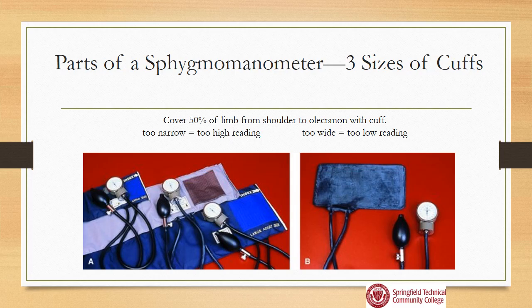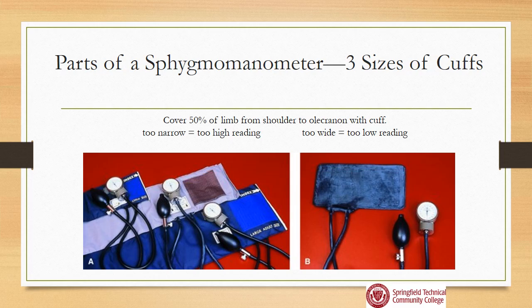It's important when you're taking a patient's blood pressure to use the correct size of cuff. So the width of the cuff should cover 50% of the limb from the shoulder all the way down to the elbow. If it's too narrow, you're going to get too high a reading.